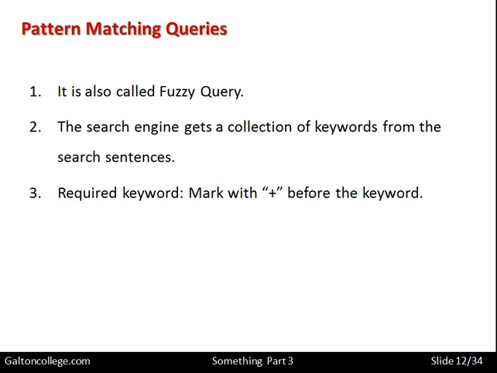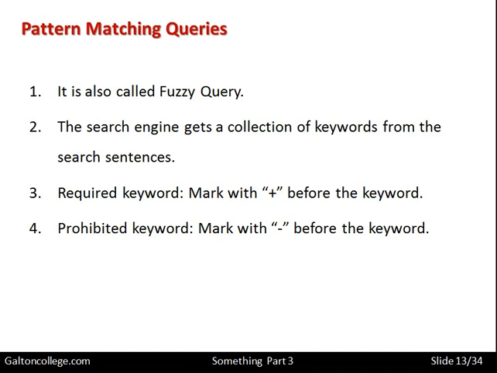So required keywords could be marked with a plus before the keyword. So when we're typing in a query, if we're very, very keen to get back sites that have that particular word, we might put a plus in front of the word, and that means that the search engine will pay particular attention to that keyword and look for sites with that keyword.